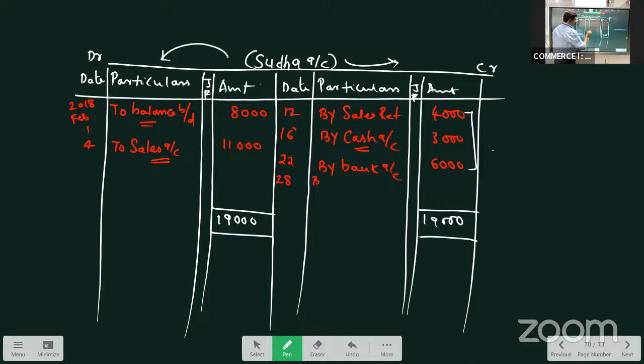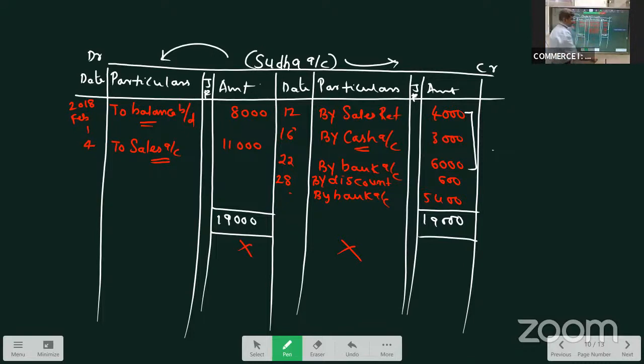So I'll write here by discount. We have calculated just now, no? How much? 600. That I'll write. And the account is settled. It means payment is made or payment is received. No balancing figure. So we'll write by bank or by cash you can write. 5,400. Account is settled. There is no balance.